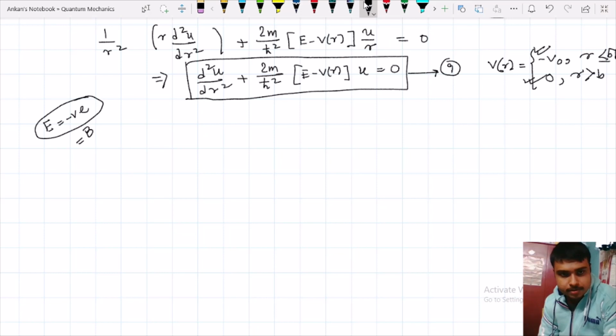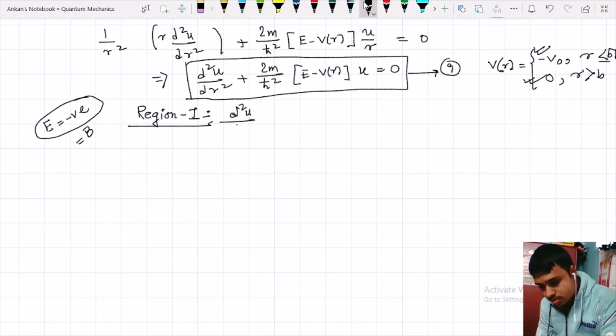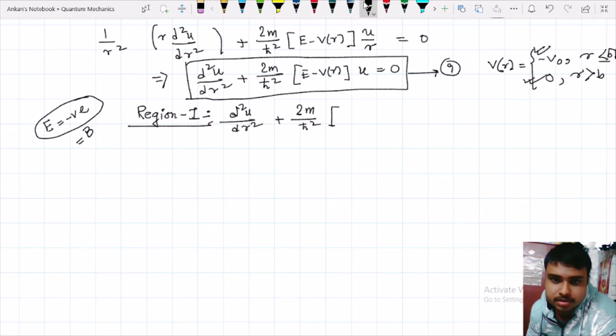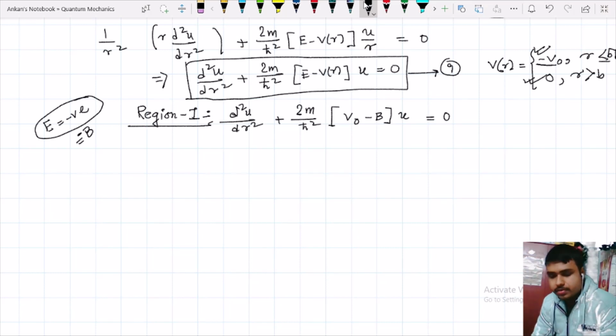this becomes d2u dr2 plus 2m upon h bar square, where E is taken as minus B because E is negative, and V(r) is minus V naught, so minus minus becomes plus, so V naught minus B, into u is equal to 0 for r less than or equal to b. Name it as 10.